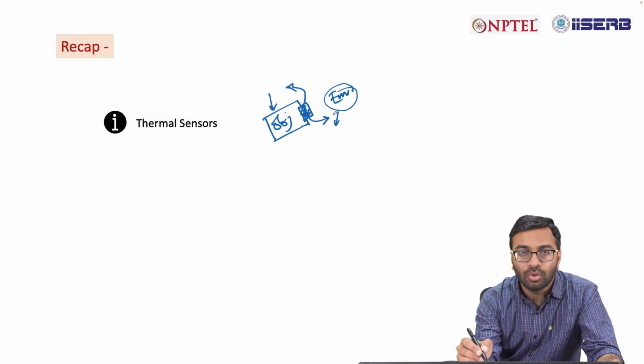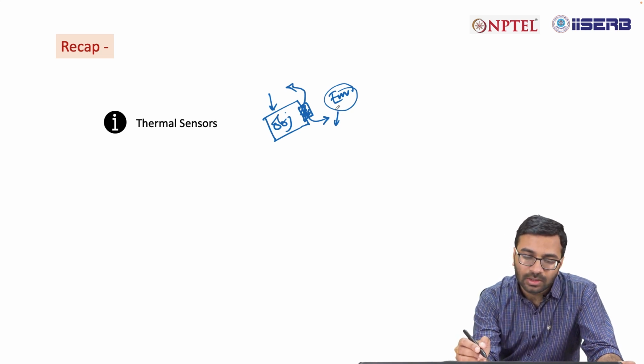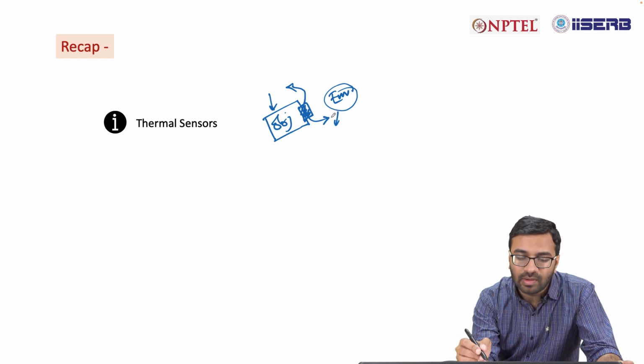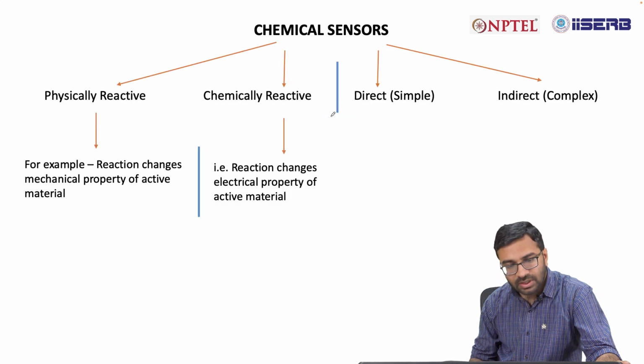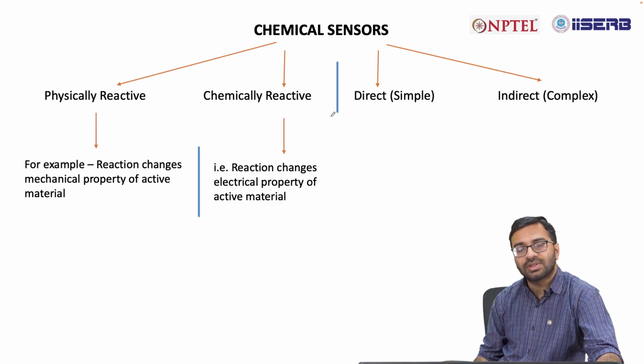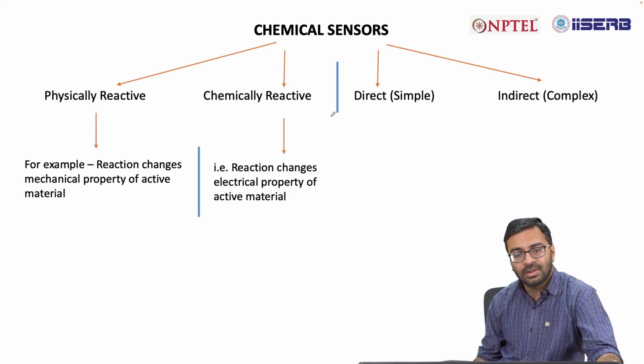So it should be poorly coupled thermally, and in this situation you will get the best performance from your temperature sensor. So today we will start a new type of sensors, that is chemical sensors.